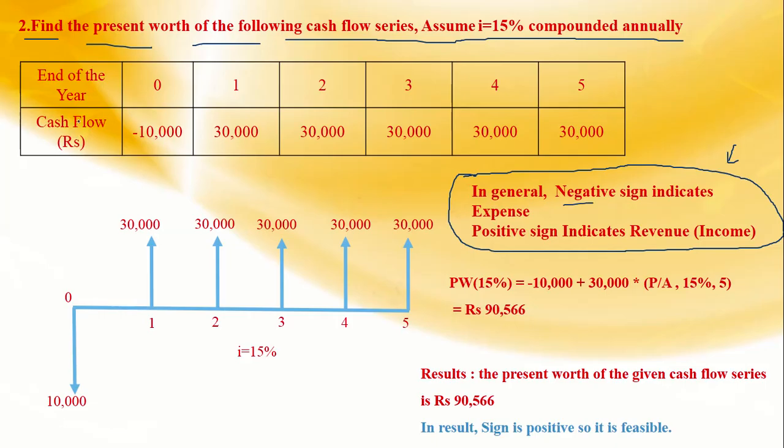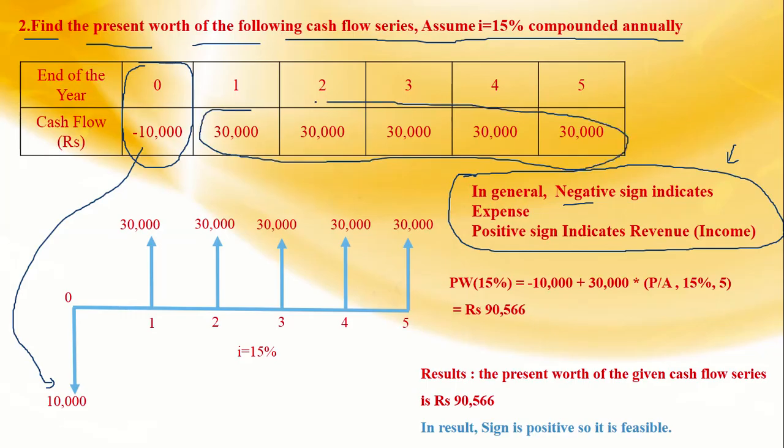Cash flow for the 0th year is minus 10,000. It is investment. And for the first year, they are earning money. It is income. First year 30,000. Second year also 30,000. Third year 30,000. Fourth year 30,000. Fifth year 30,000. Now we are going to find the present worth of the project.